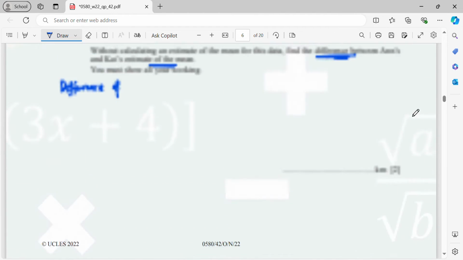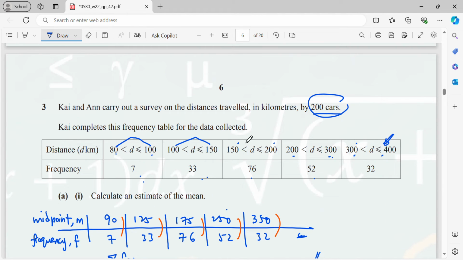Okay, so now for CAIE's distribution, I will refer to this, but look at the width here. Look at the upper limits and lower limits of the subsequent class, right? The average of these two values, 100 and 100, is still 100.